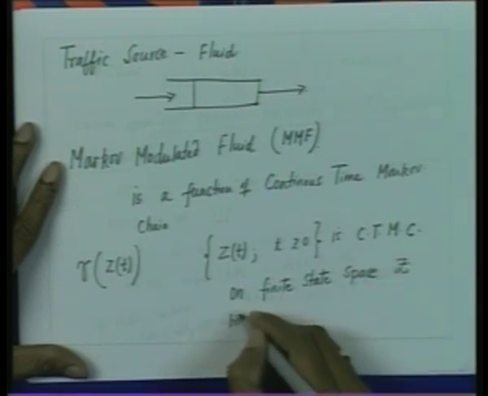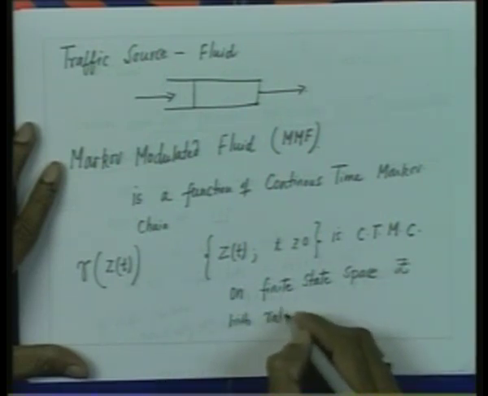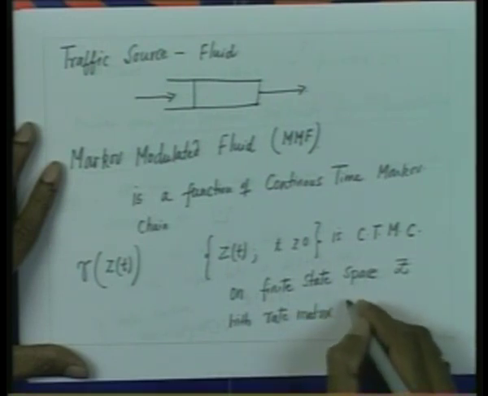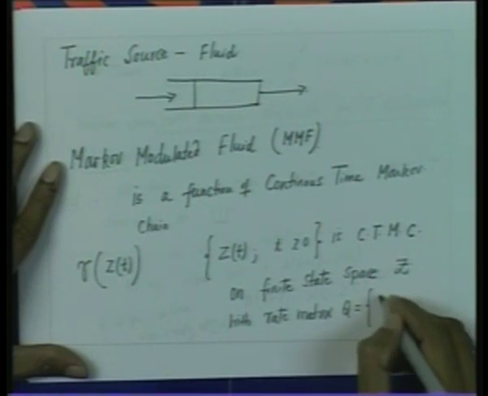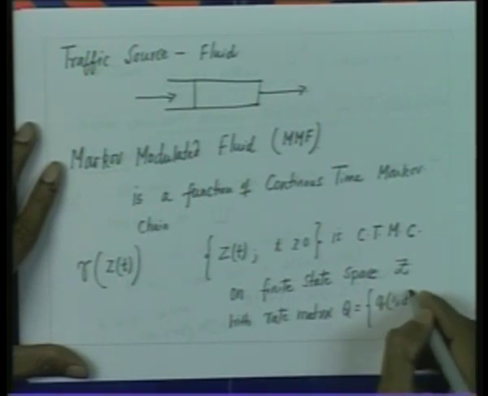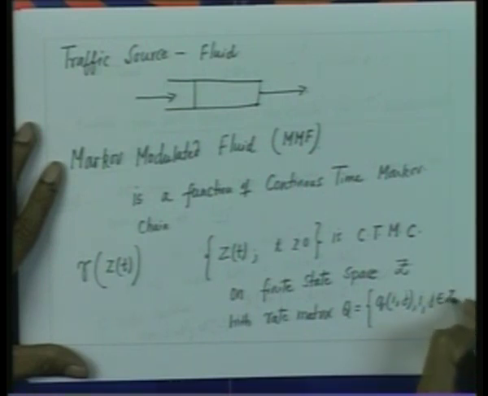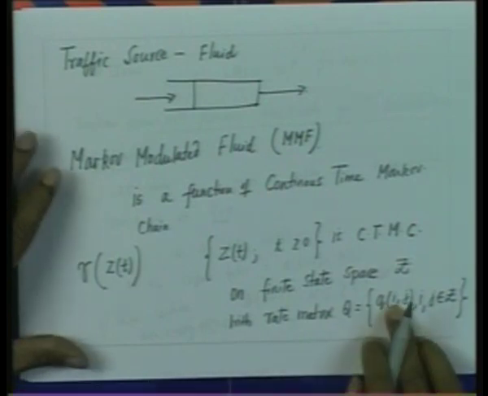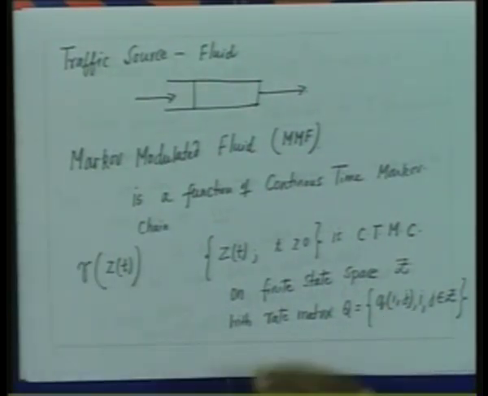with a certain rate matrix Qij, where i, j belong to this Z. So what we are saying is that this Zt is a continuous time Markov chain.